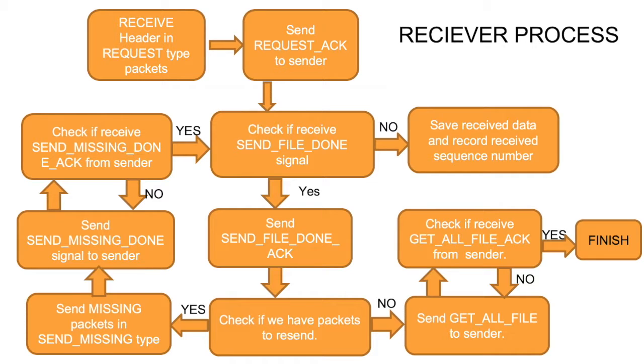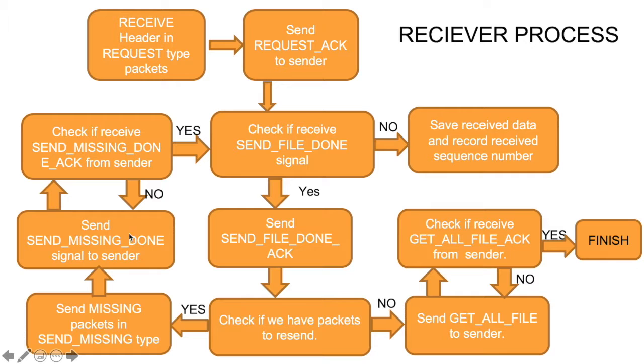And after that, we will wait for their information until we receive the send missing done acknowledge from the sender. If they don't send back the acknowledge, that means maybe they didn't receive the send missing done signal.